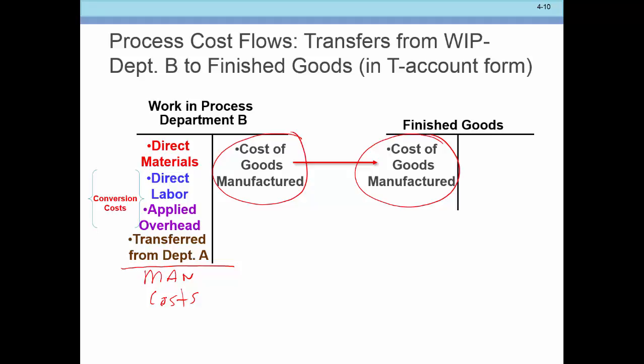We maybe gathered the manufacturing cost in Department A originally, but now we've transferred them all over to Department B. So make sure you're remembering those terms, because we're going to give you some questions where we expect you to know what those different items are.